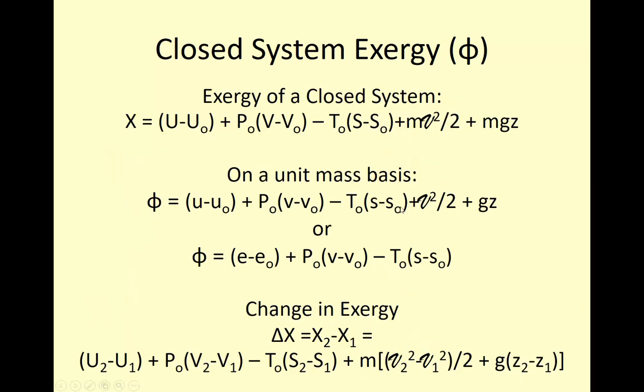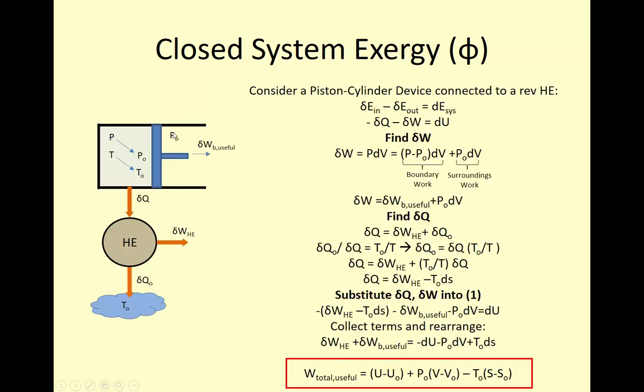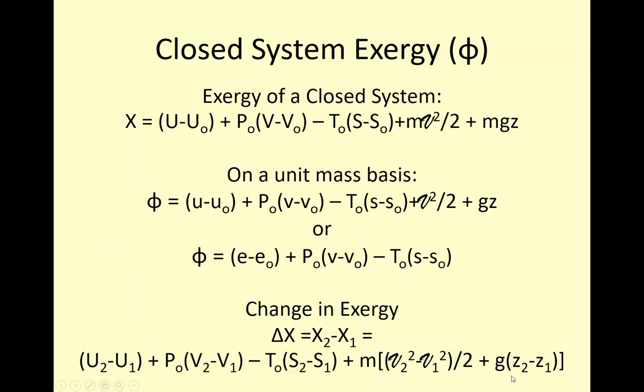We can write it in a couple of different ways. Again, the total useful work, or the exergy, is equal to these terms, which we derived on the previous slide: U minus U naught, V minus V naught, and S minus S naught. Then we can also add back in the kinetic energy and potential energy terms to find the total exergy of a closed system.